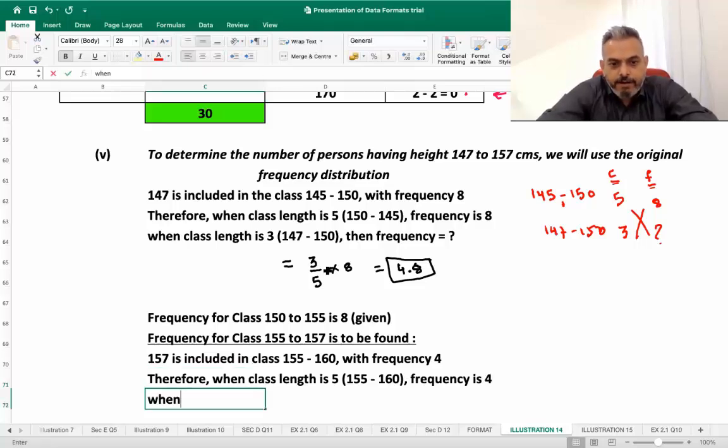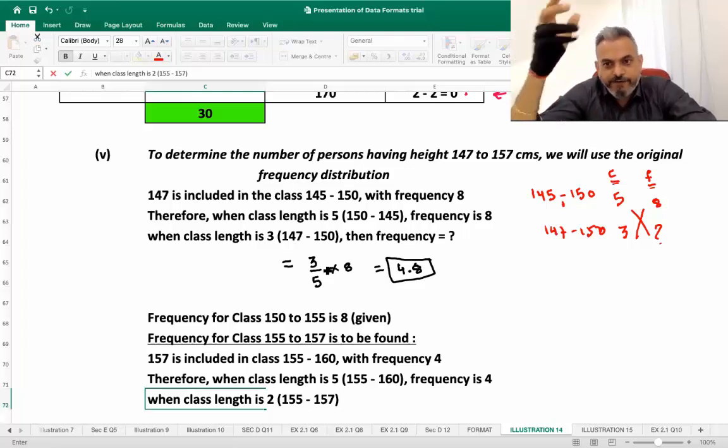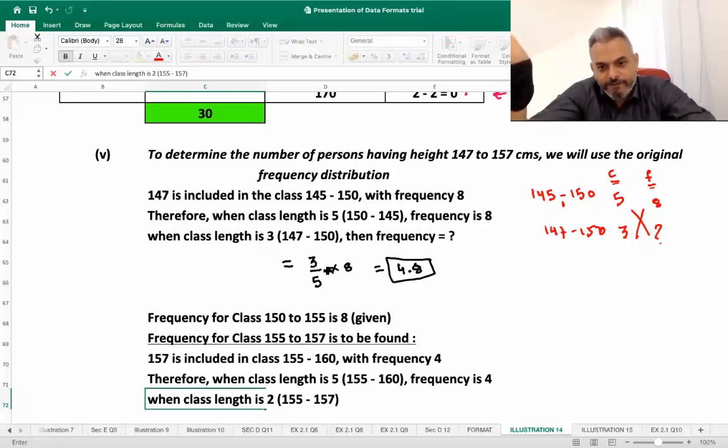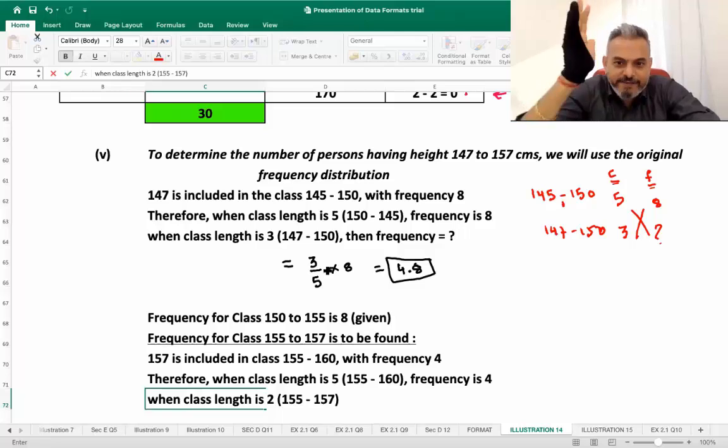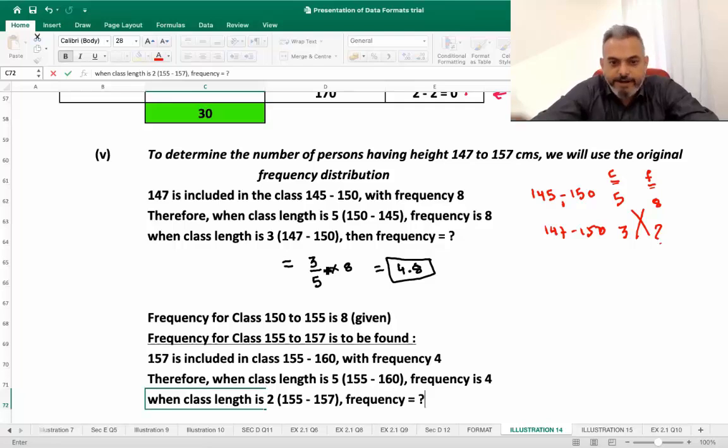So when class is 155 to 157, the length is 2. 157 minus 155, it remains the same 2. Frequency is what we have to find out.